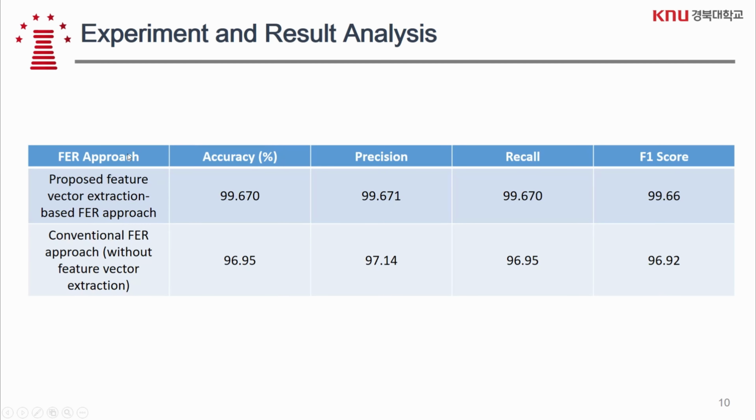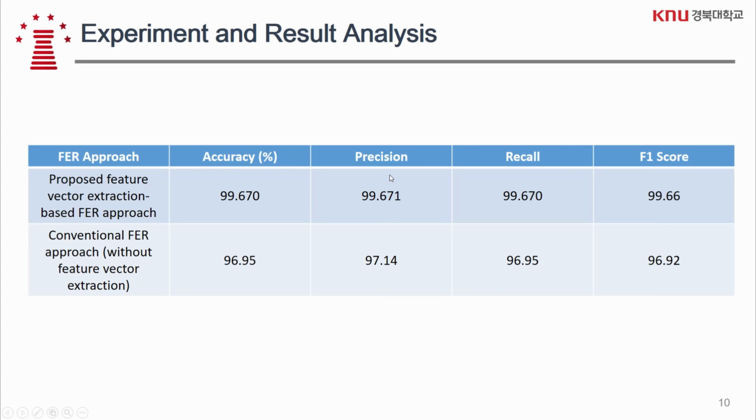So next is our performance analysis. From the previous result, we summarized our accuracy, precision, recall and F1 score for the proposed approach and conventional approach. The proposed approach achieves 99.6% accuracy as compared to the conventional FER approach, which has only 96.95% accuracy.